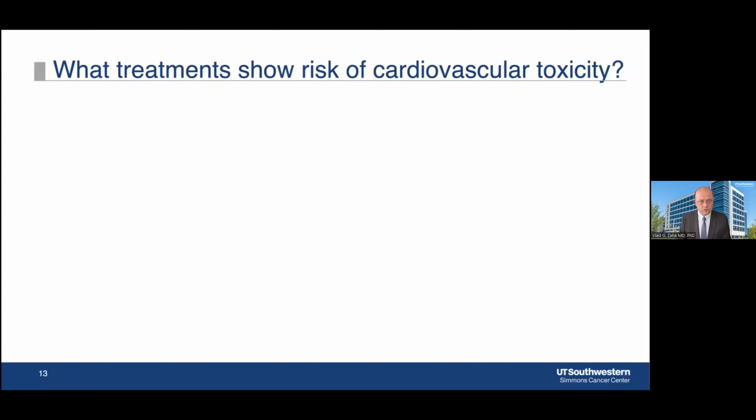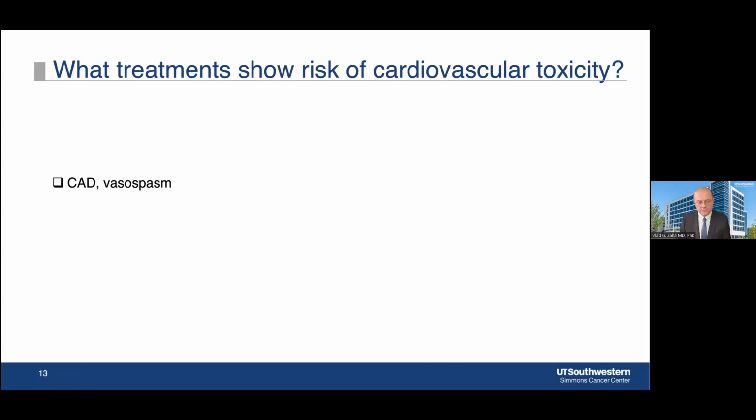So what are the treatments that cause cardiovascular toxicity, and what means cardiovascular toxicity? And I'll list here a few items just to recognize them by name. I realize that many times we use jargon in all the medical language. So then just recognizing what we may be referring to.